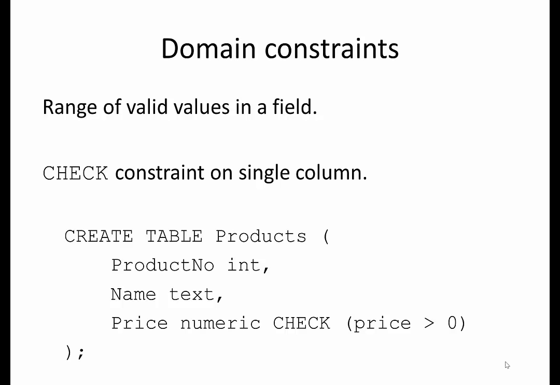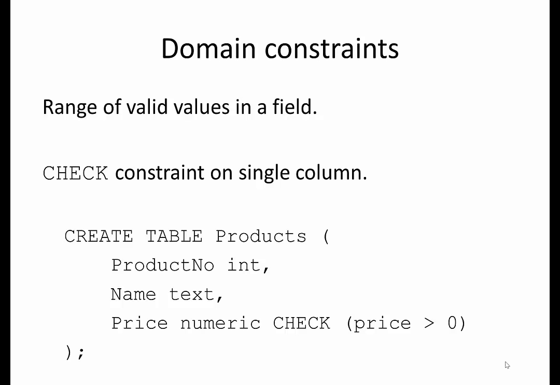So here we've got a table called products with two fields, product number and the name of the product, a text field. And we've got a third column, price, which is a numeric field. We have a check constraint imposed on the price field that says the price must be greater than 0.